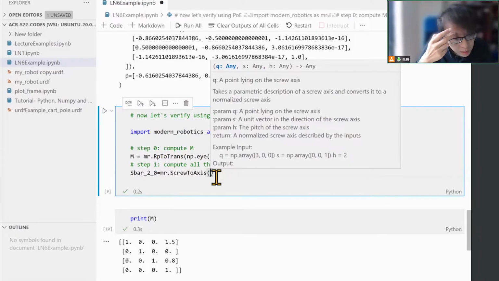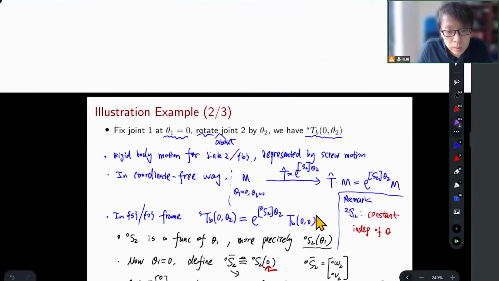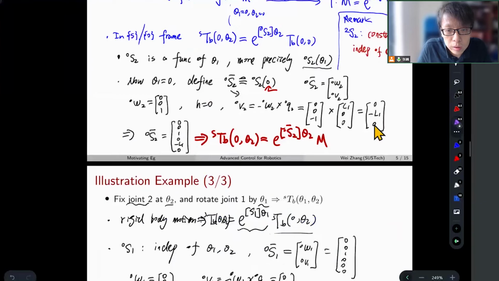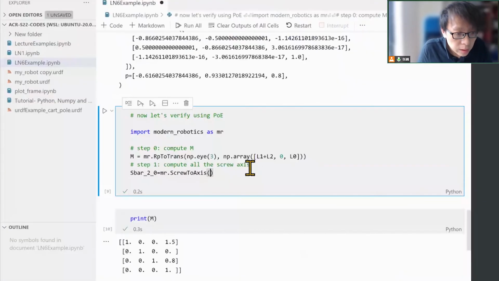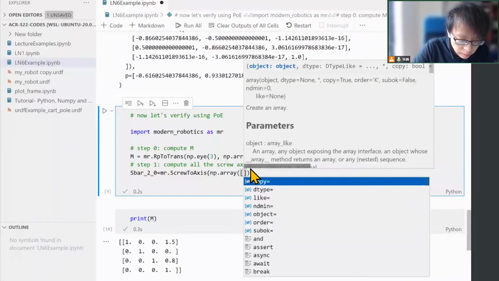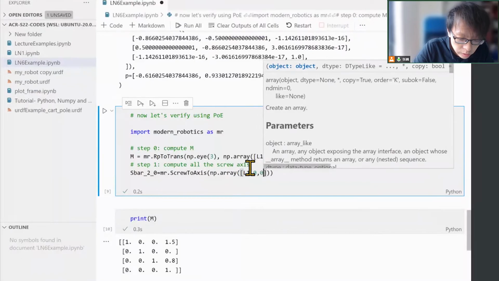So what is Q2? Q2 is L1, 0, 0, so that's numpy dot array L1 00.